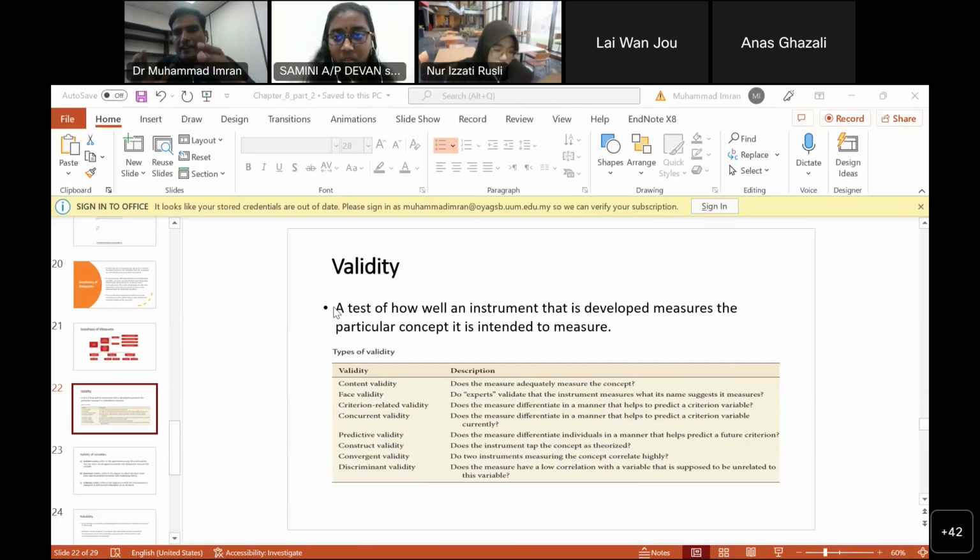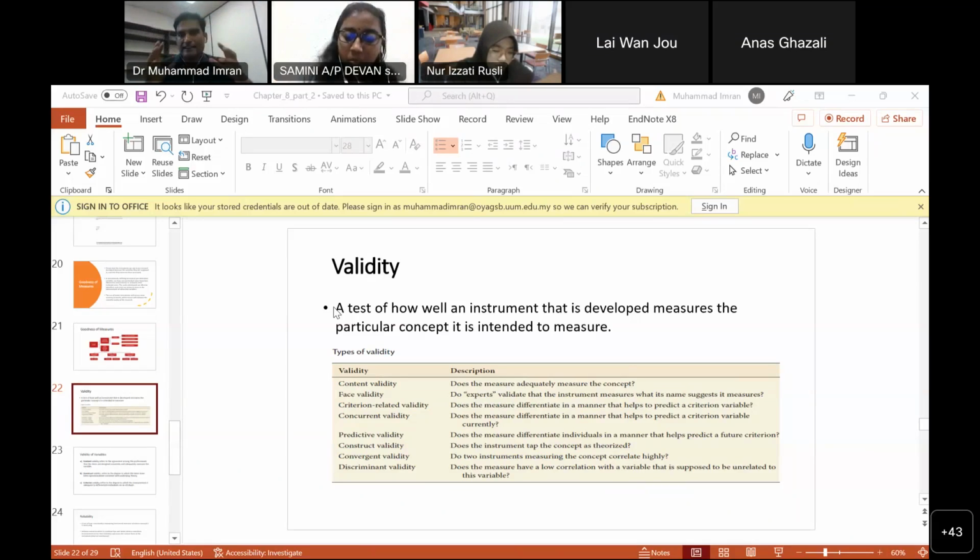Cannot. A glucometer is used to measure the sugar level, right? A glucometer is valid for sugar level, but we can say a glucometer is not valid for blood pressure, because it is irrelevant for blood pressure.